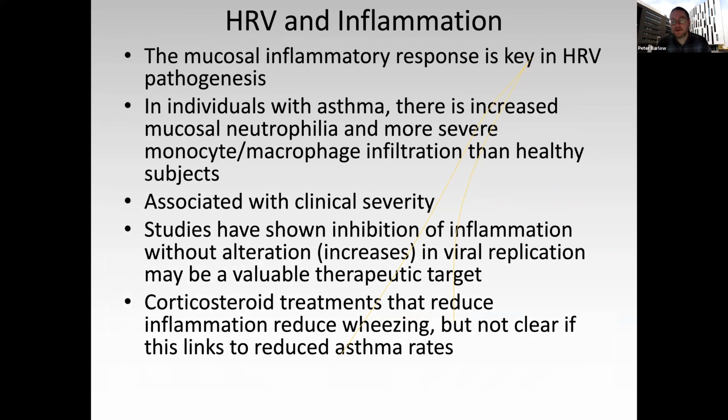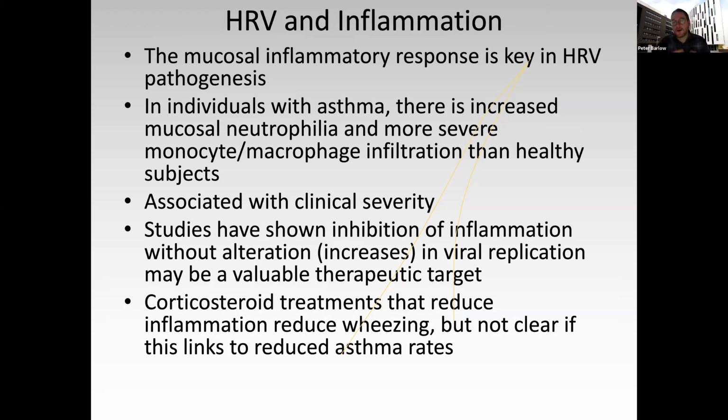Now, you'll have heard a lot about inflammation recently, mainly in the context of SARS-CoV-2. Inflammation can be incredibly beneficial. Inflammation is required to clear a viral infection, and in infections like rhinovirus and influenza, inflammation can help to clear the infection.